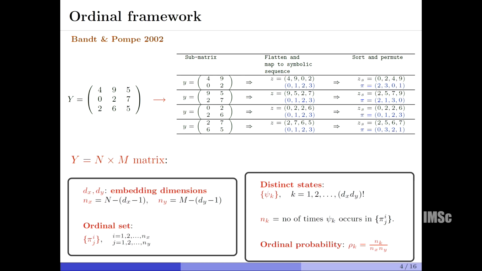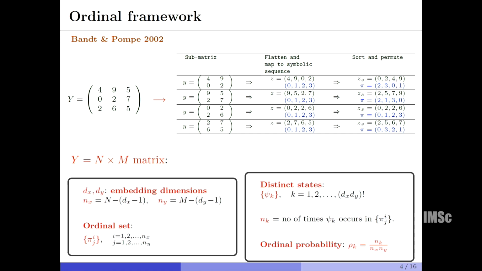And out of all these possible states, only some of them will be distinct. This is the case when I have a large number of states and distinct states are few. So for each distinct state, I can count in the ordinal set how many times each one occurs.